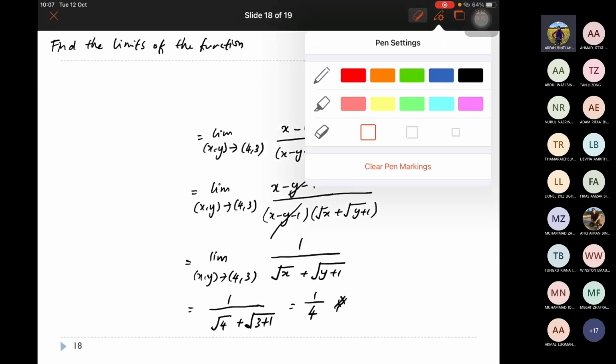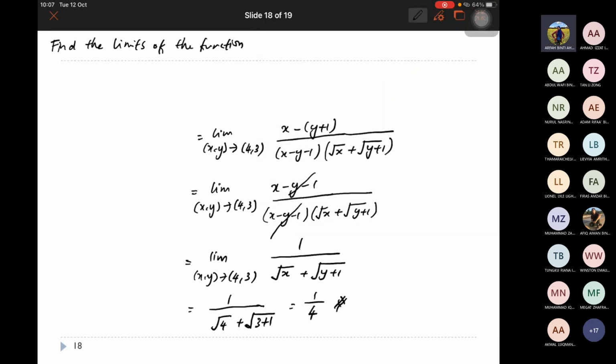Soalan C. Limit of xy approaches 1, 2. x squared minus 1, y squared minus 4 over x minus 1, y minus 2.